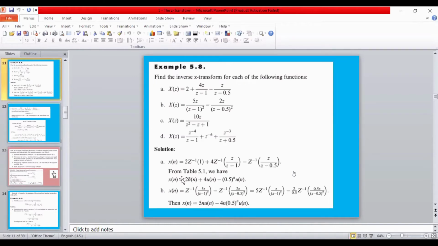deltas, right? Now here, observe, in the first example at the very beginning, we had, if you recall, z divided by z minus 1 corresponds to the unit step u[n], and it's still multiplied by 4, so we have to rewrite this 4 here. So we have 4 unit steps. This term corresponds to 4 unit steps. And these two look very similar, only instead of 1, we have a value of 0.5.